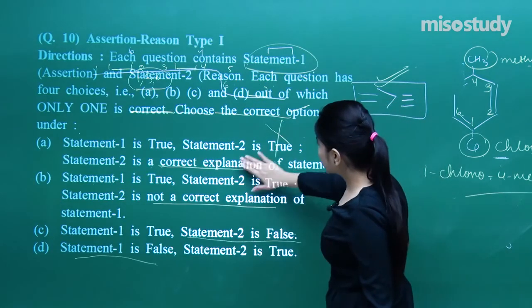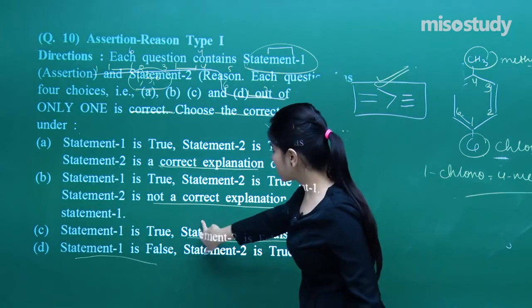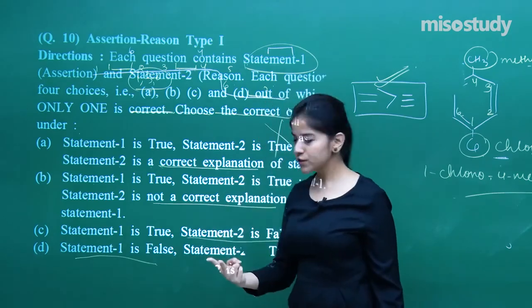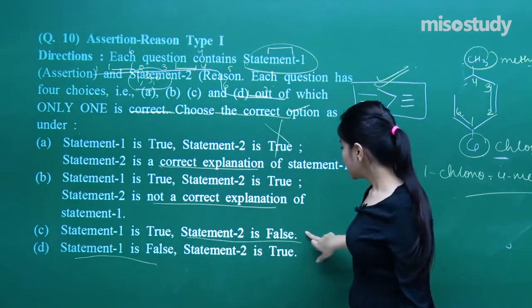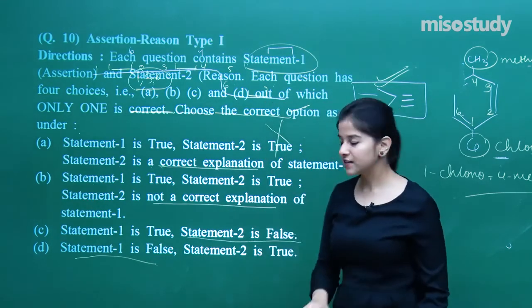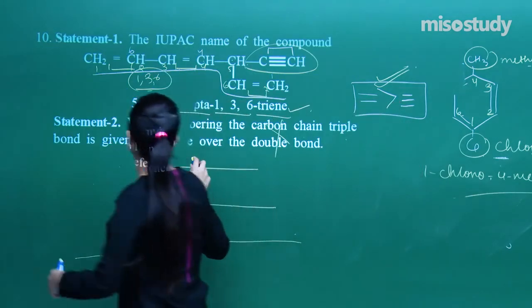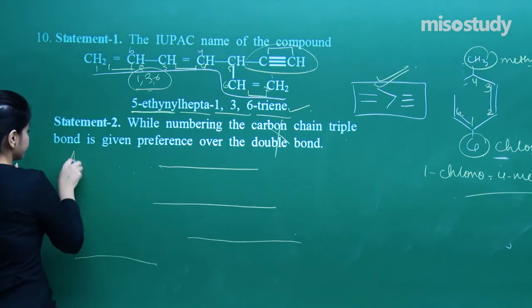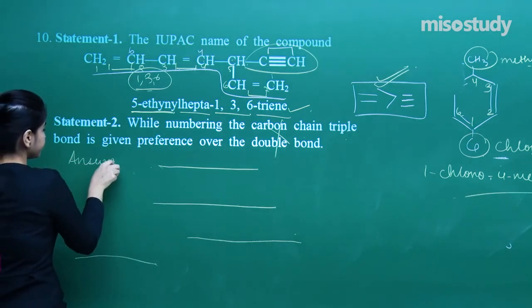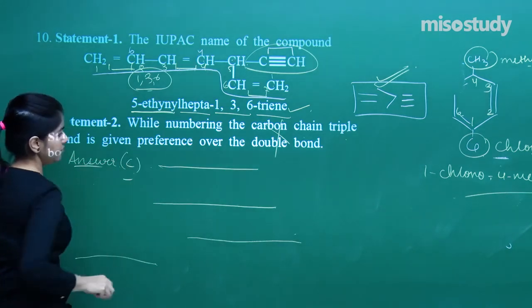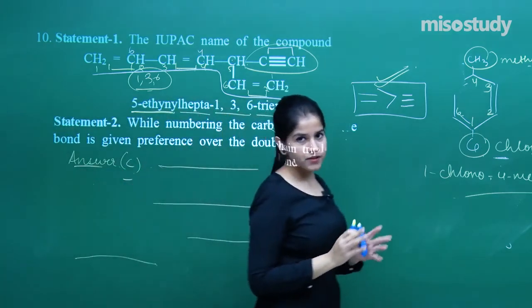The option we need to choose here is statement 1 is true, statement 2 is false. That means C is the answer for this question. Statement 1 is true, statement 2 is false.